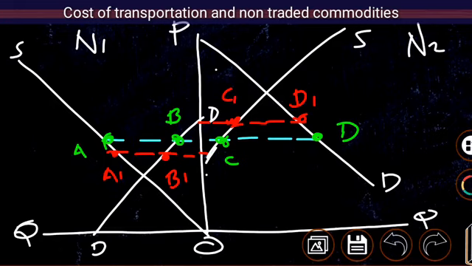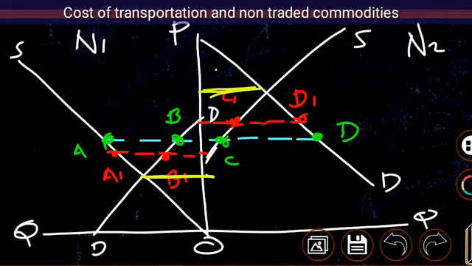Here it is clear that even after imposing the transportation cost, the price of the commodity is lower than that of the importing country's initial internal price. That is, the initial internal price of nation 2 was this much amount, and that of nation 1 is this much amount.